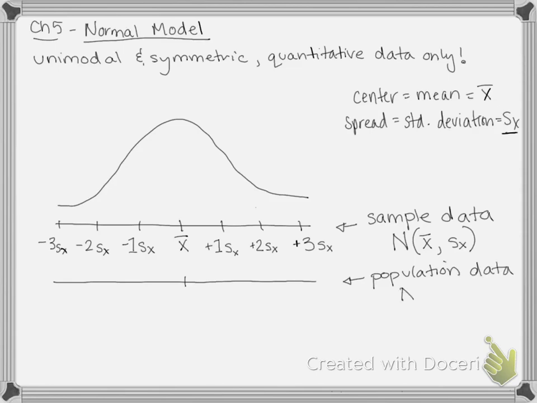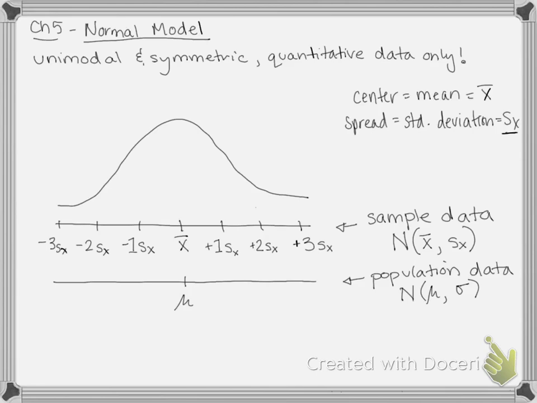Many of us don't like this because it means we're using Greek letters. This is the letter mu, which is an M in the Greek alphabet, and this is the letter sigma, which is the lowercase s in the Greek alphabet, standing for mean and standard deviation.